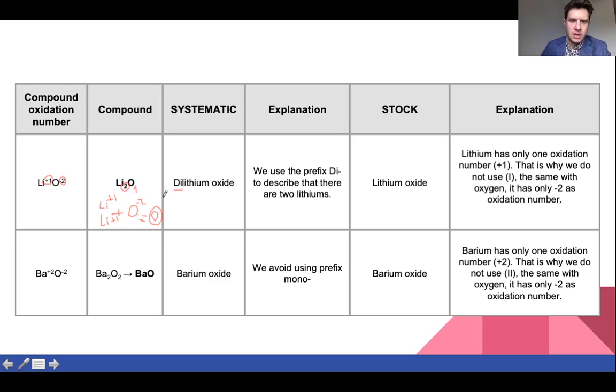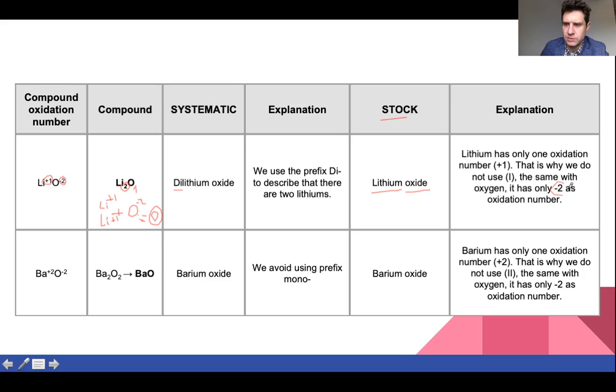Okay. Explanation: we use the prefix di- to describe that there are 2 lithiums. In the case of the stock nomenclature, we don't use Roman numerals, because lithium has only 1 oxidation number, which is +1, and the oxidation number of oxygen is -2.